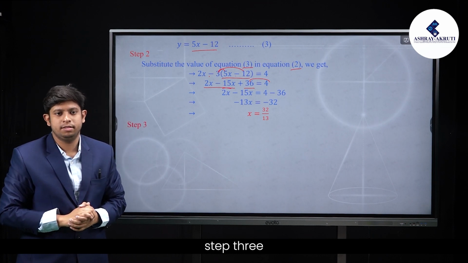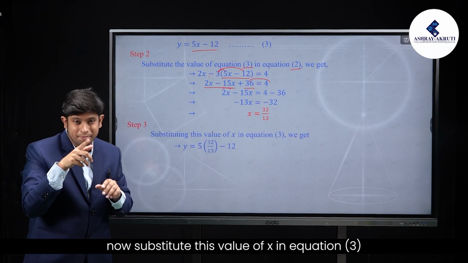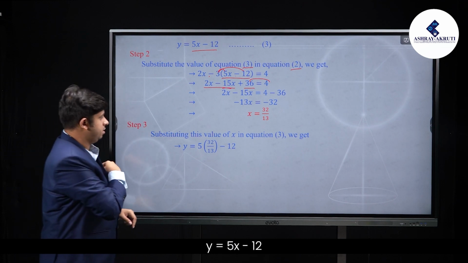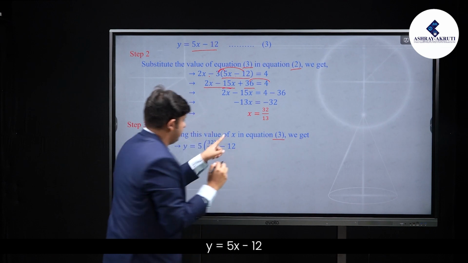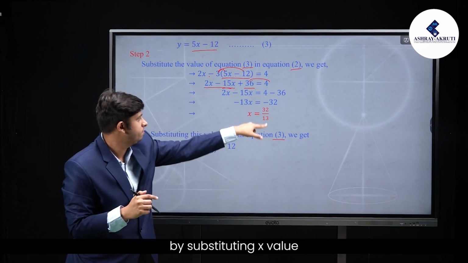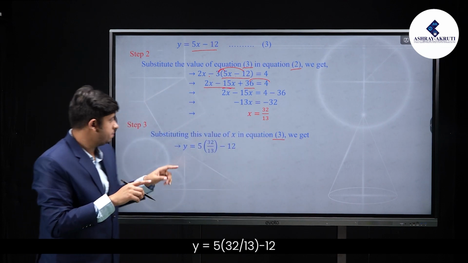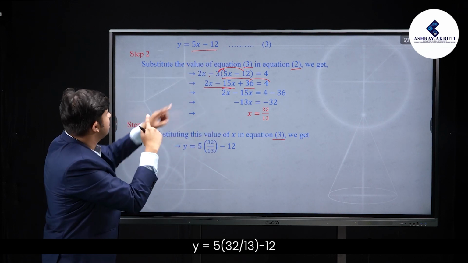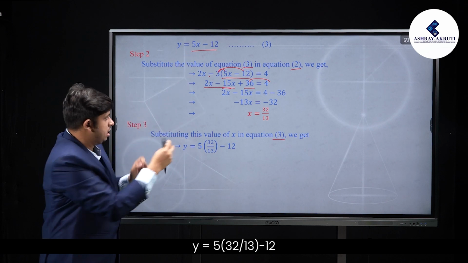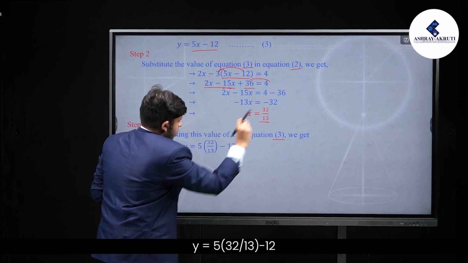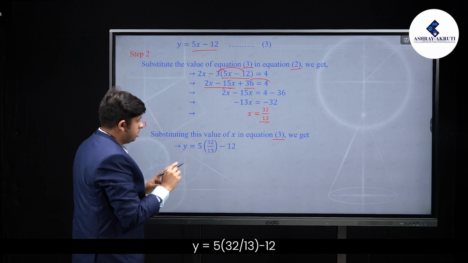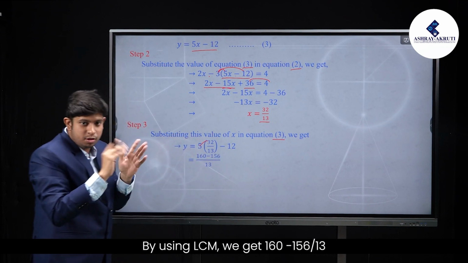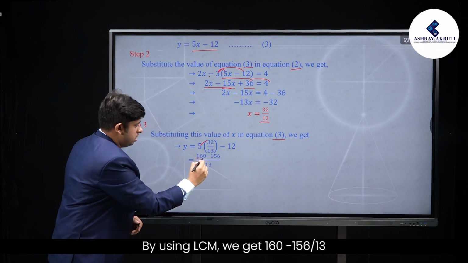Step 3. Now substitute this value of x in equation 3. We get y is equal to 5x minus 12. By substituting x value, y is equal to 5 into 32 by 13 minus 12. By using LCM, we get (160 minus 156) by 13.